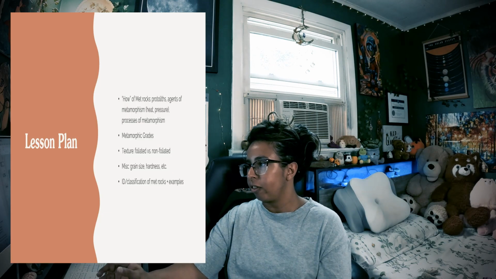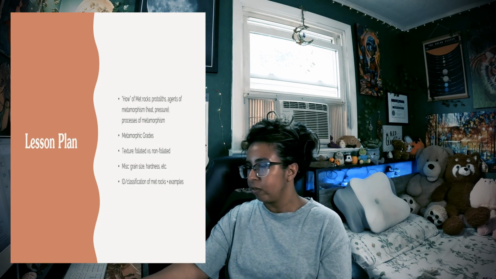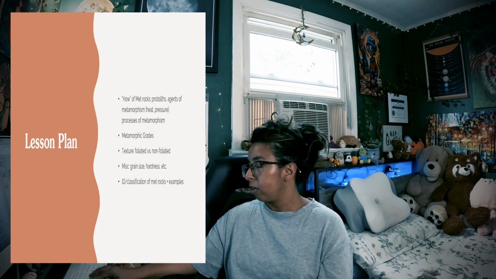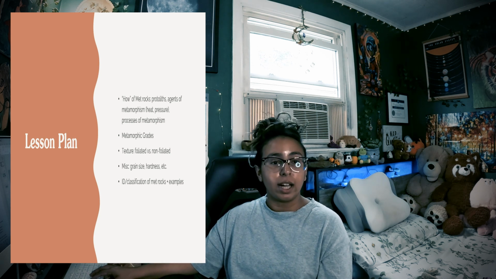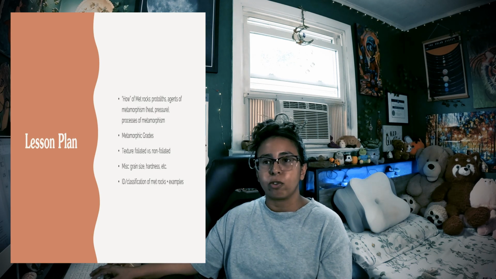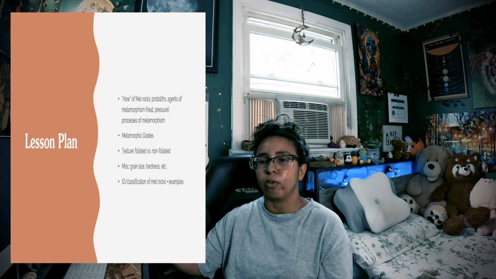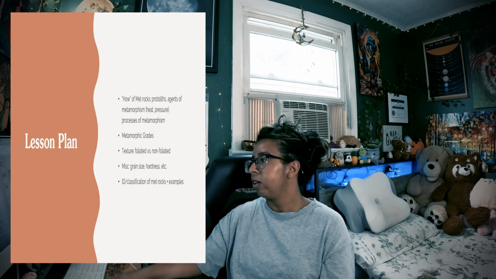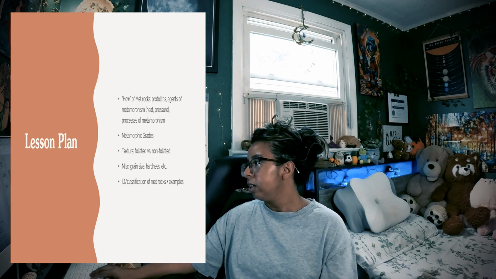But first, let's go through my actual lesson plan for the day. I'm just going to go through the how of metamorphic rocks. So we're going to start with slide 2, actually, not slide 4. Let's walk through it instead of getting ahead of myself. I'm going to go through the how of metamorphic rocks, like the protolith, which is just another word for the parent rock, the rock that it originally was before it was metamorphosed, because that has a lot to do with how it turns out after metamorphosis.